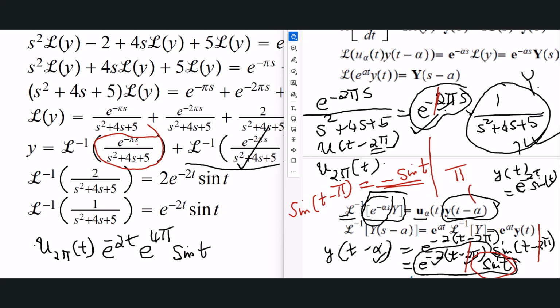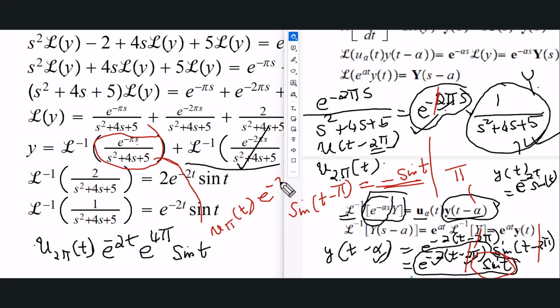So that will be negative sine t from your knowledge of basic trigonometry. So if we are writing the inverse Laplace transform of this, what will that be? That will be u pi of t, instead of 2 pi, and then e to the power. Now remember that negative 2t remains as negative 2t. The only thing that changes is pi changes to negative pi.